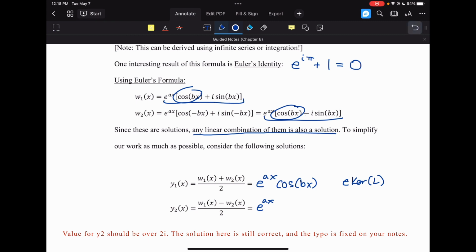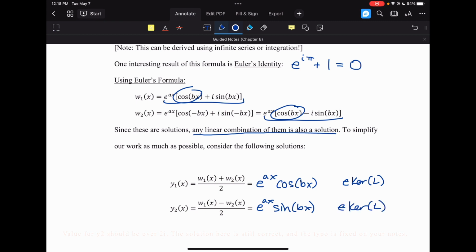So we're going to end up getting a 2 that then divides, and that gives us sine of bx, which is also an element of the kernel.